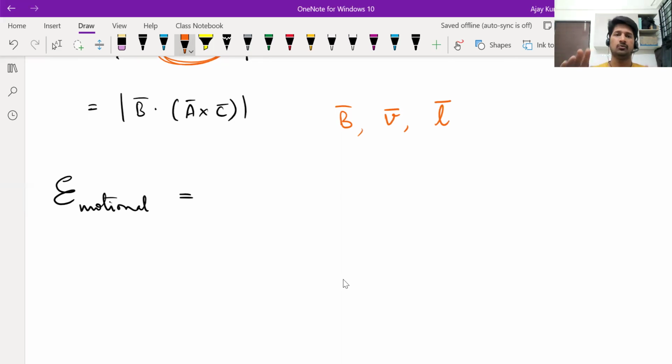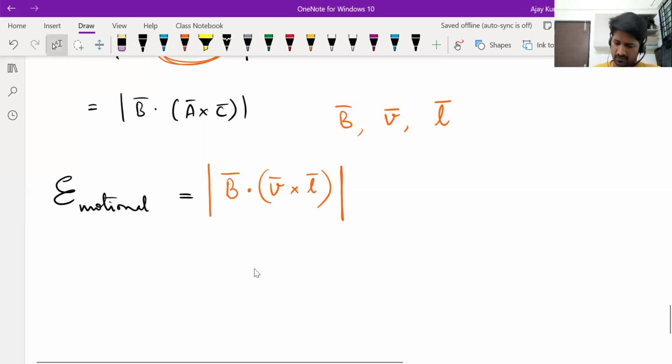Between which two points you want the EMF, between those two points you have to take the length vector. We'll solve problems, you'll understand. But to calculate motional EMF, you can take B dot V cross L. Or you can interchange the vectors also, it doesn't matter. This thing's magnitude will always give you the induced motional EMF.